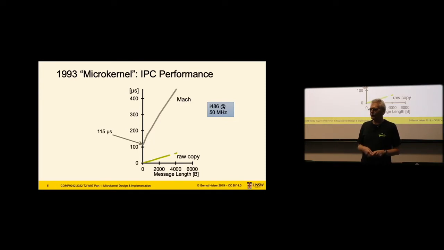And this is what people experienced, and it actually led to the point where IBM had a very ambitious project that really tried to make the best out of the microkernel idea of having just a kernel underneath and then multiple operating system personalities on top.